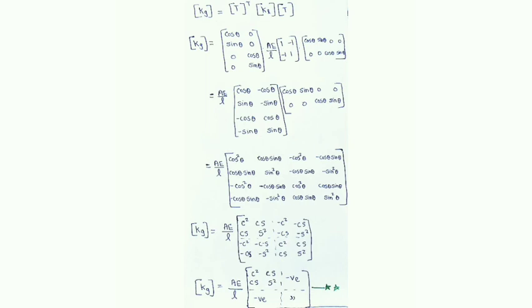And finally the fourth part is similar to the first part, which is C square, CS, CS, S square. This is to easily remember this matrix. So this is our global stiffness matrix for a truss element.